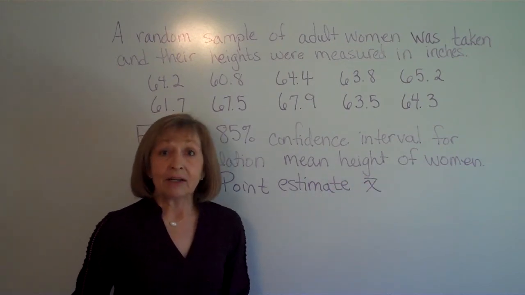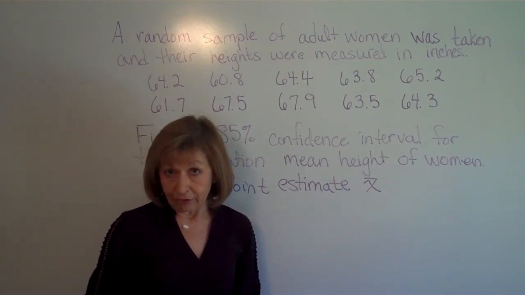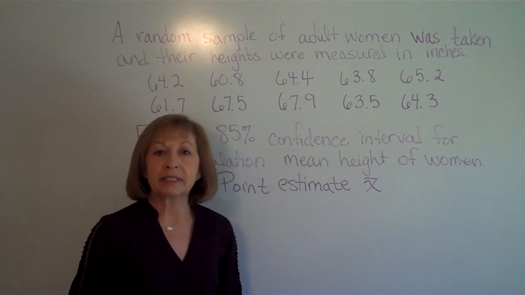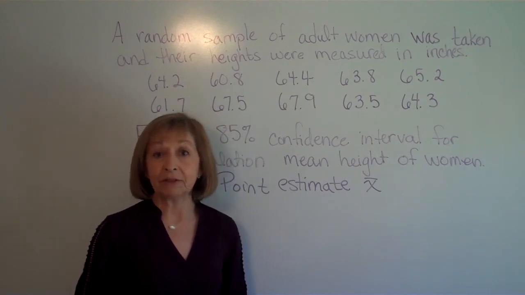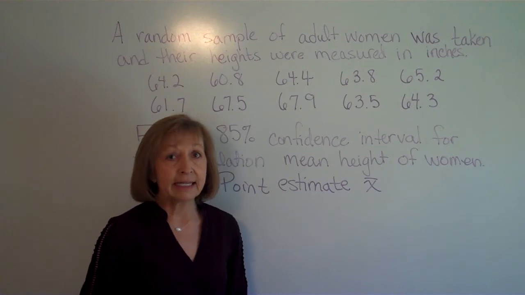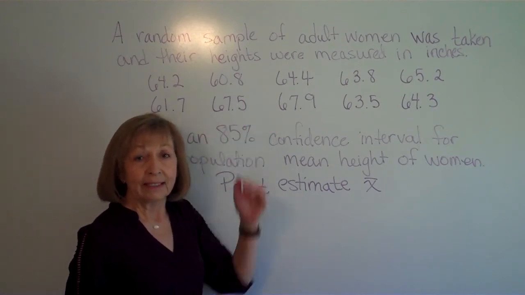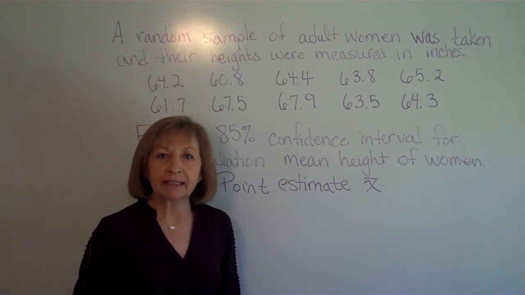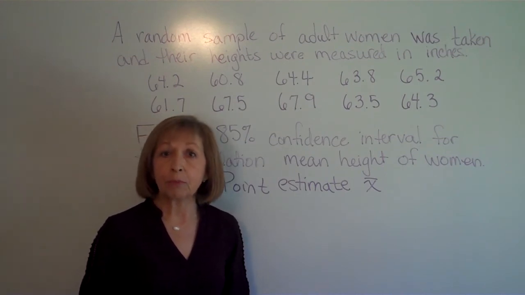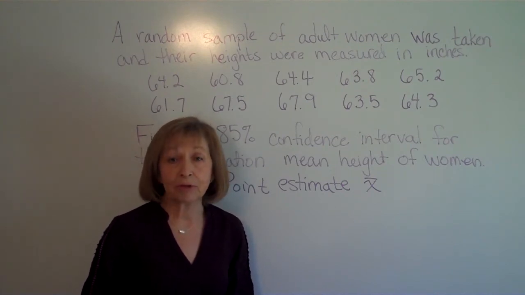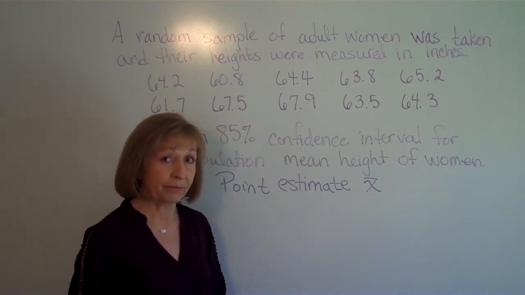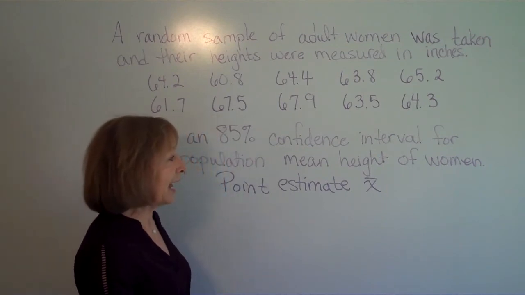Now to get this and then ultimately to get our confidence interval, the first thing, if you're going to use a TI-83 or a TI-84 calculator to do this, is you want to enter the data into your calculator. Now I suggest that once I describe how to do this, you pause the video and then you enter the data into your calculator so that you can see that you're getting the same numbers as I am getting in the video.